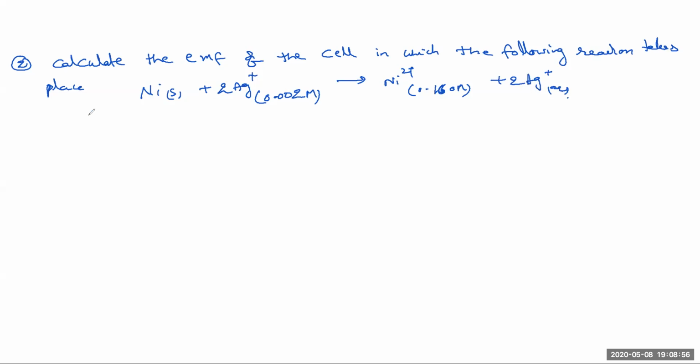Given E naught cell is equal to 1.05 volts. Now go for the solution.